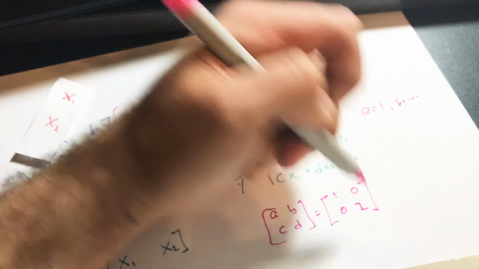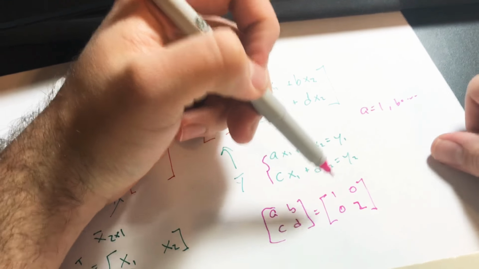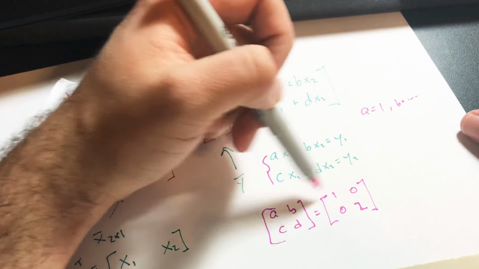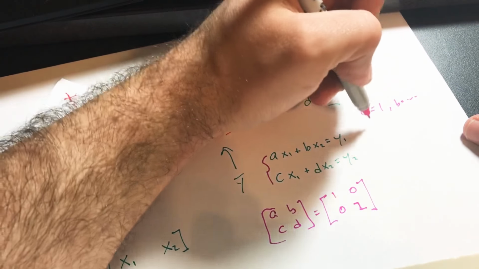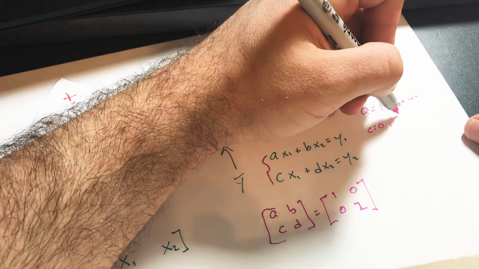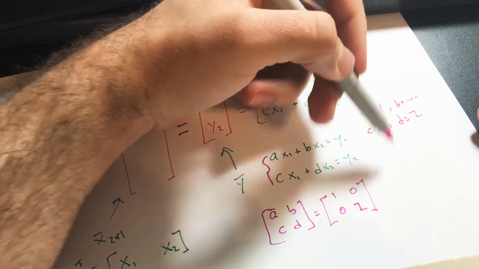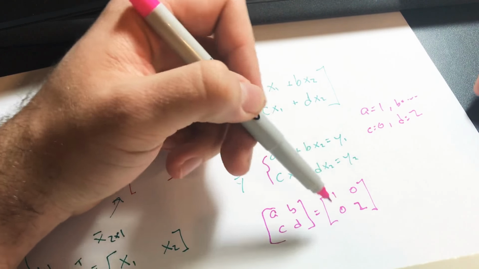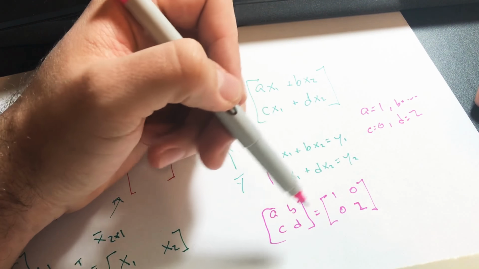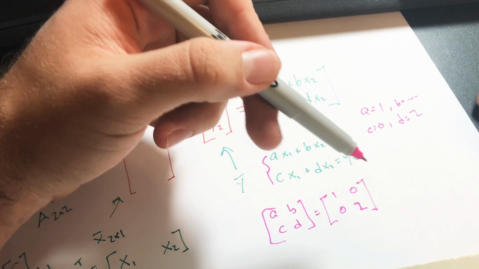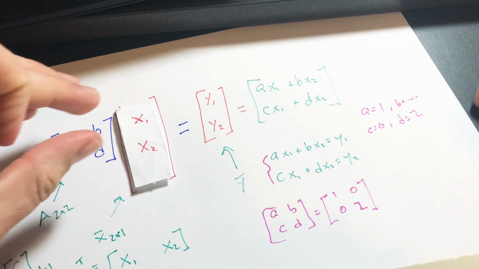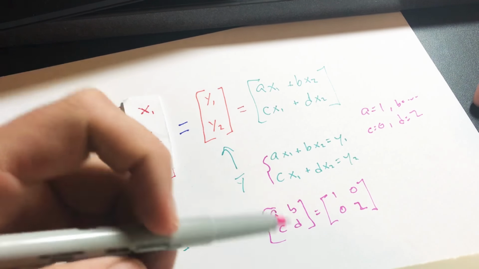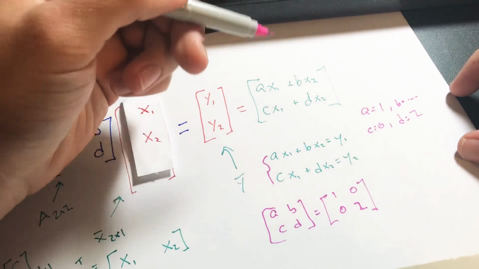Let's make it a little fun. We'll put a 2 there. So A is 1, B is 0, C is 0, D is 2. Do you see how just writing the matrix instead of writing C equals 0, D equals 2 was faster? It's easier to group the numbers, as long as this goes to this, and as long as we keep track of it somehow, as long as we have our constant rules. It's easier.